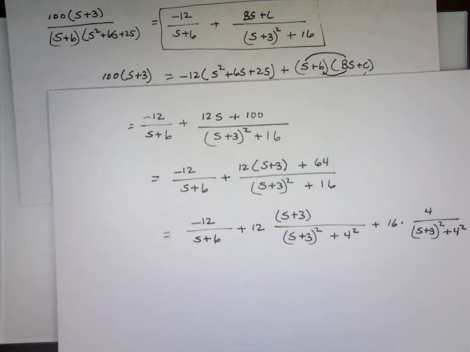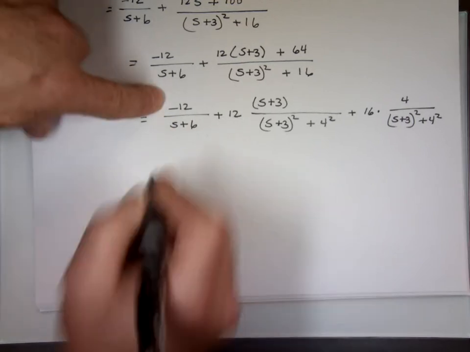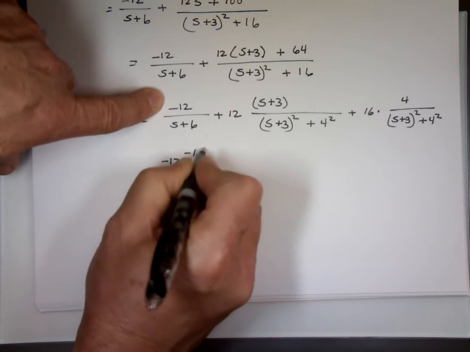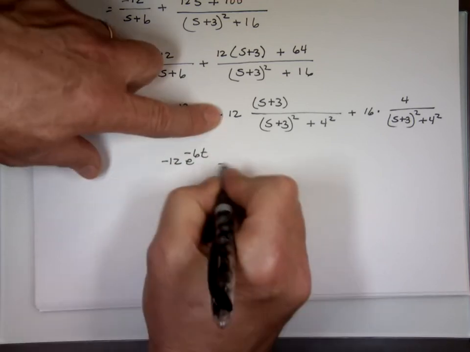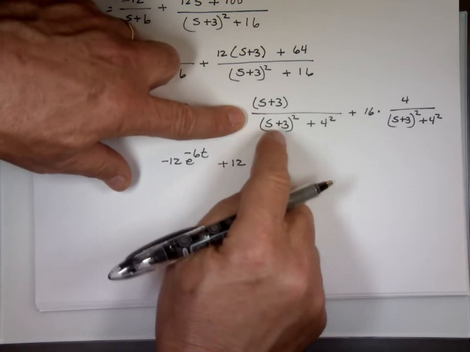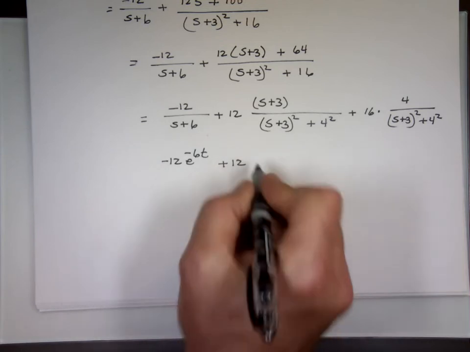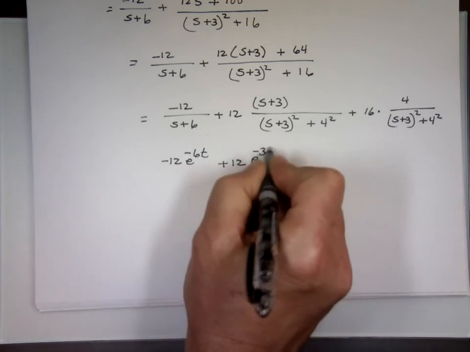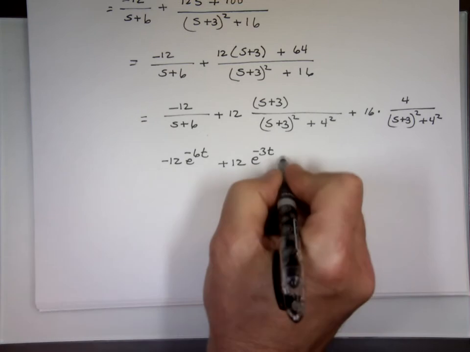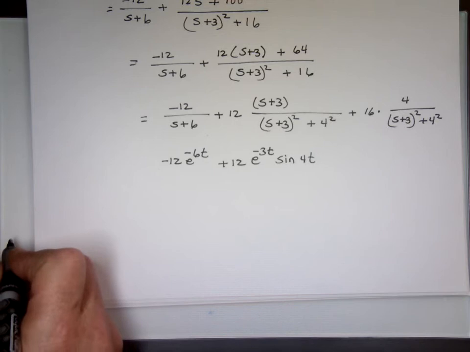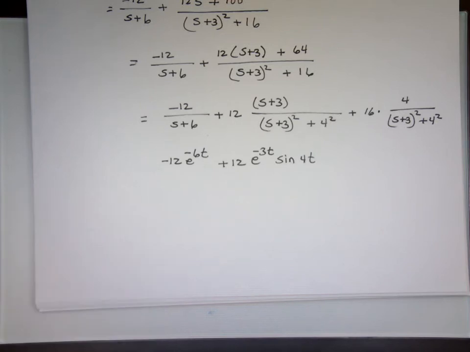And now you find the inverse Laplace of each one. What's the inverse Laplace of this one? That's negative 12 e to the minus 6t. Here's the 12. What's the inverse Laplace of that? You have to take the shift out, which is e to the negative 3t, and then it's a sine 4t. Wait, why is it sine, not cosine? Because there's the s on top.